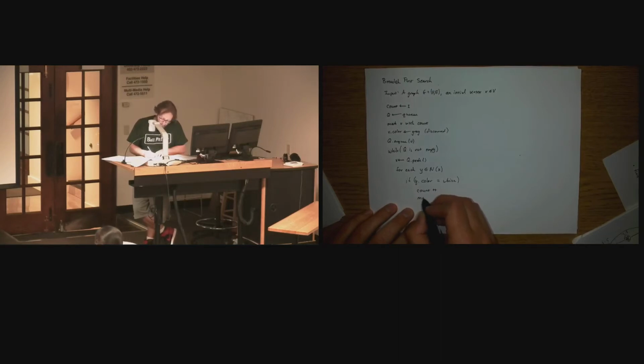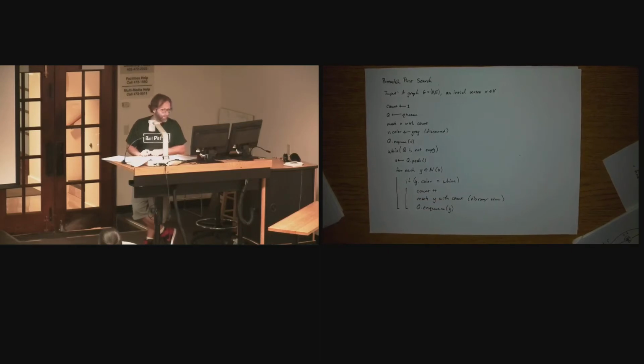We'll mark y with count, and again, this is discovery time. And if you want to keep track of finish time, that's later, but again, it doesn't buy you anything. It's the same order. Q.enqueue, in other words, add y. And that's the end of your exploration of the neighborhood. You've enqueued everything that X is connected to.